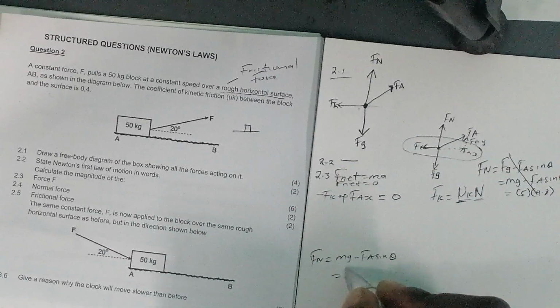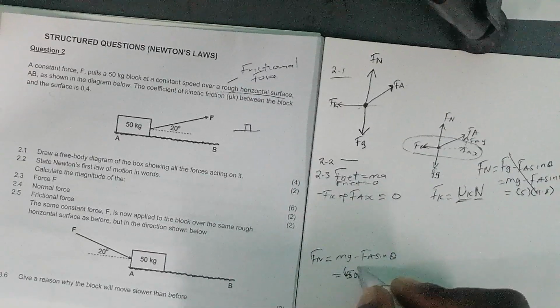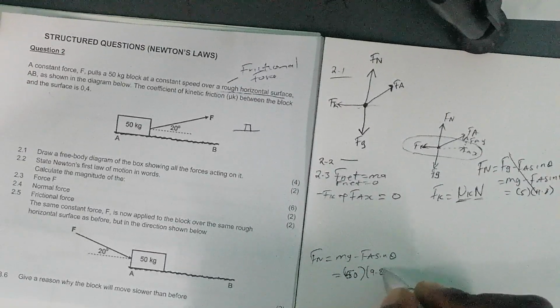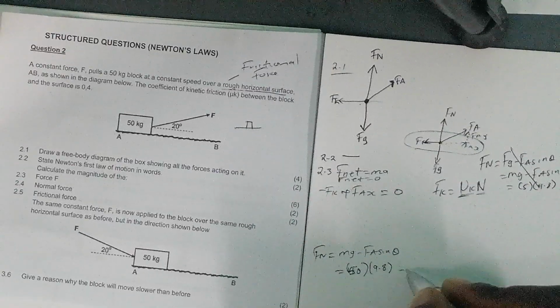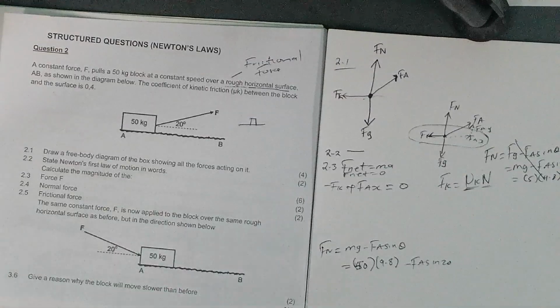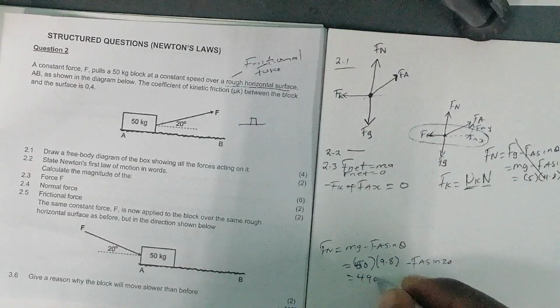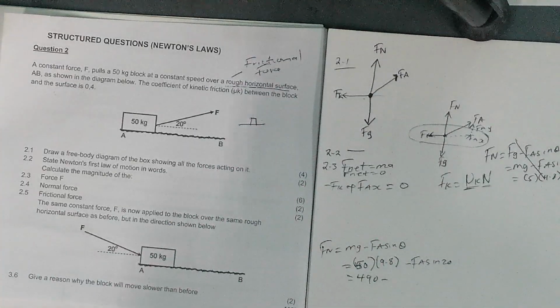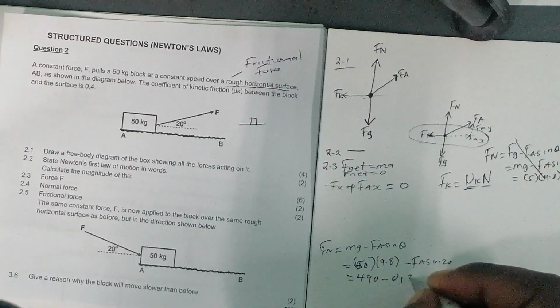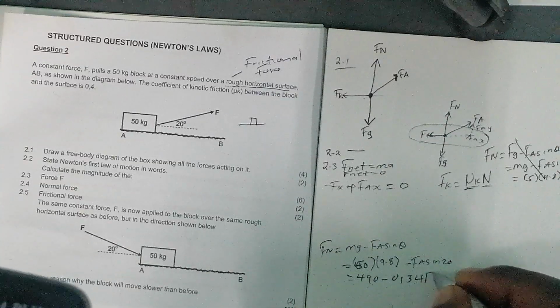Mg is 50. It's 50 multiplied by 9.8 minus Fa sine of 20. Then what's 50 multiplied by 9.8, which is 490, minus sine 20, which is 0.34 Fa.